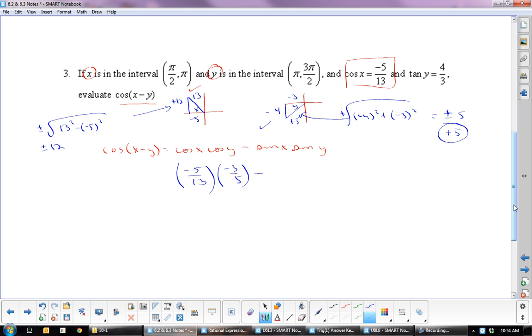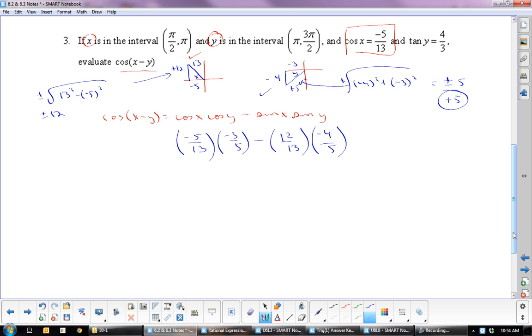Sine is y over r. 12 over 13. Sine y is negative 4 over 5. Okay, multiply this together. 15 over 65 minus 48 over 65. You will get negative 33 over 65.